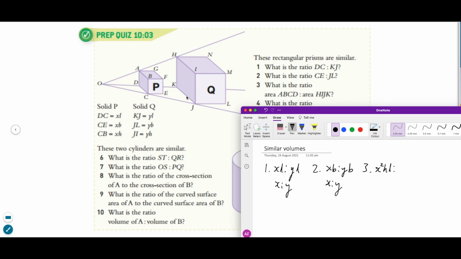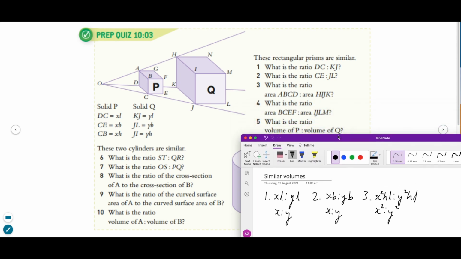Well, KJ is YL. The IJ is YH, so YL times YH is Y squared HL. You simplify this, you get X squared to Y squared. Right, and this does not surprise us because we already learned that if the ratio of the sides of two shapes is X to Y, then the ratio of the areas should be X squared to Y squared, and that's correct.